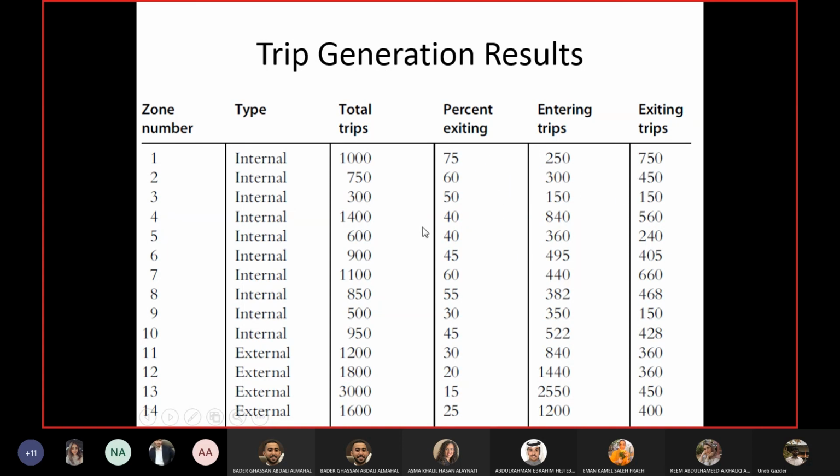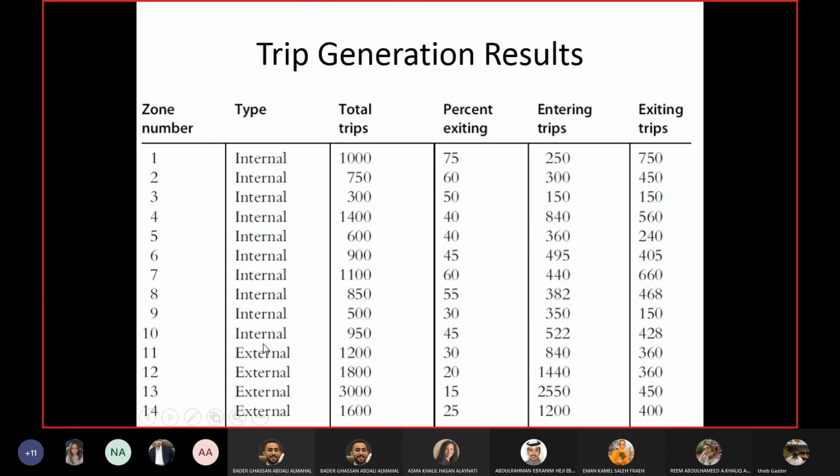This will be done for all the traffic analysis zones in your area. What you would do for each zone, I have shown you in the examples. After you have the number of trips for each zone, you will use the percentages given for entering and exiting trips and calculate the trips entering and exiting.